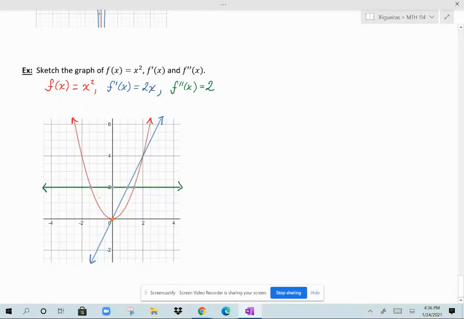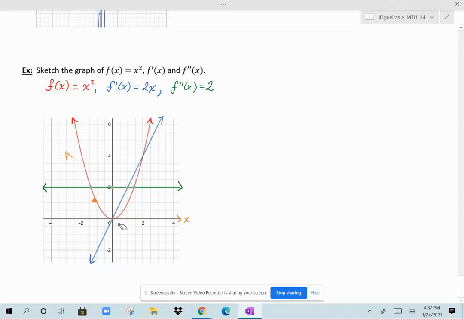Anything to the left of that is going to have a negative slope for a tangent line. And you can see that anywhere to the left of the vertex, my line is below the x-axis, therefore negative. Anything to the right will have a positive slope, and therefore my line is above the x-axis.